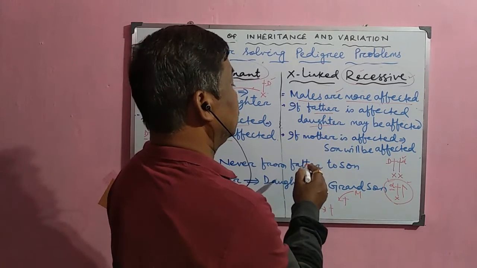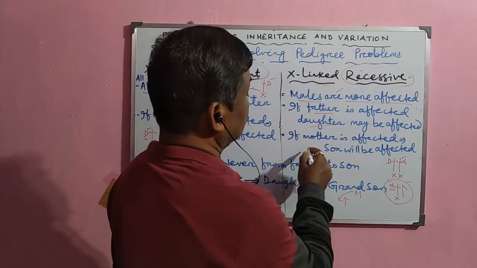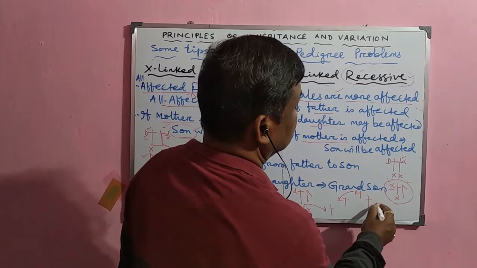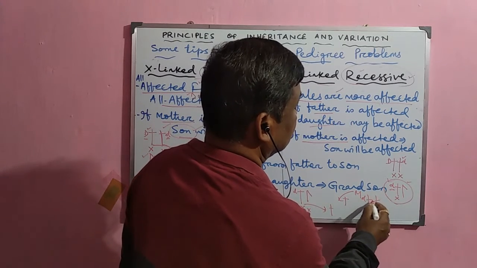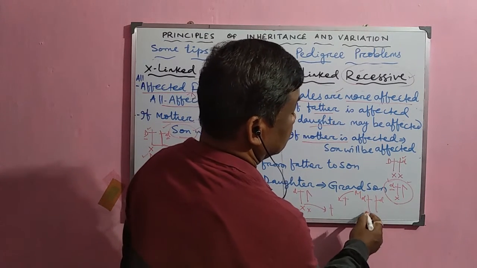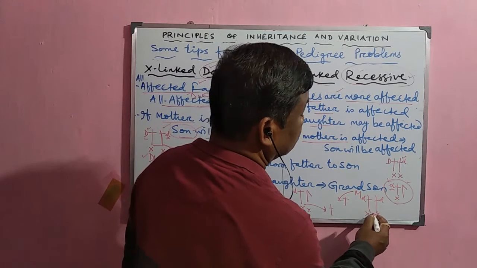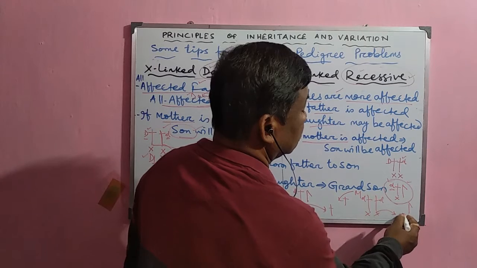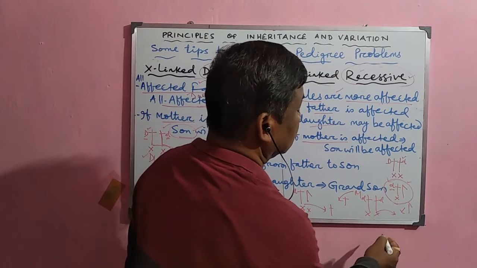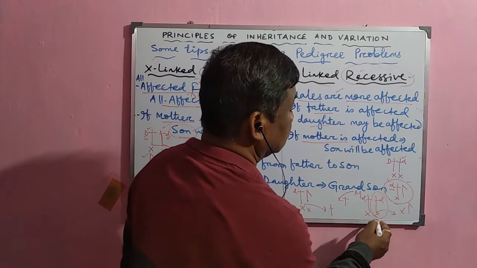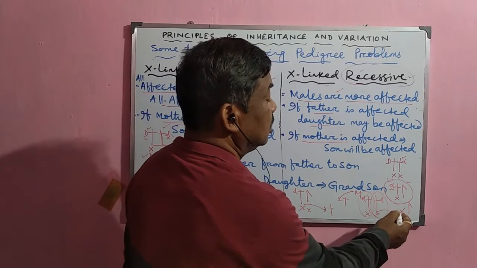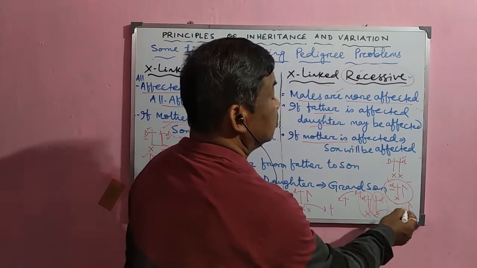But if the mother is affected, then the son will be affected, because the mother has the defective gene, that means small d, in the recessive form. So either of her chromosomes will transmit to the son, since the Y chromosome comes from the father, and then the son will definitely be affected.